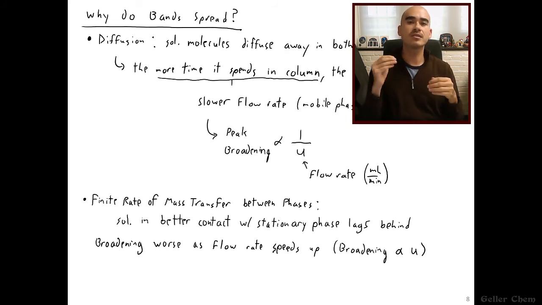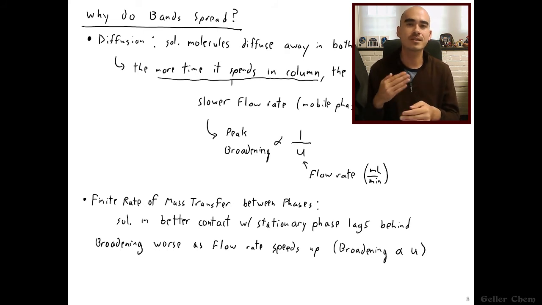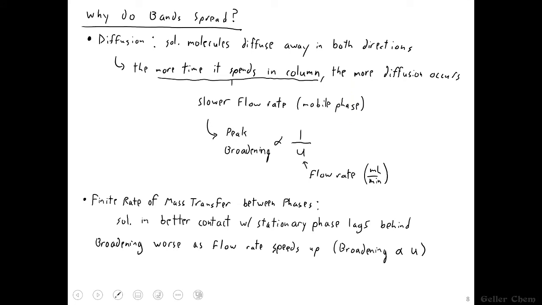And so we have these two different mechanisms, and we've discussed a way that we can potentially cause the broadening to decrease. But what's the issue when you look at both of them at the same time? The issue is that the way that we can control the extent of peak broadening is by adjusting the flow rate. But unfortunately, we will have opposite effects on the two broadening mechanisms.